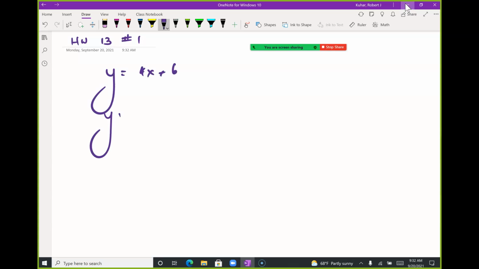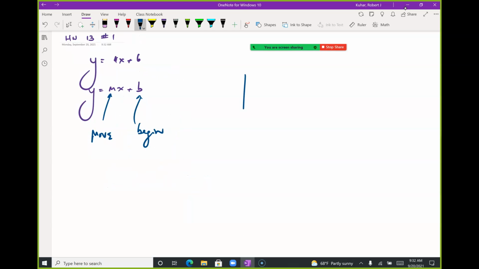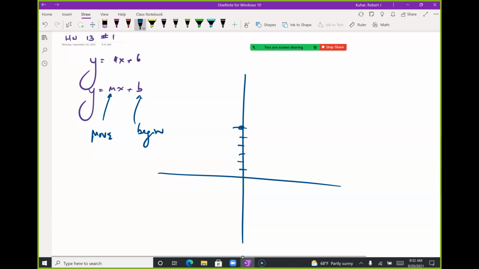And so, like when I'm teaching this to middle schoolers, I say this is where I begin, and this is how I move. So I'm beginning at 0, 6. 1, 2, 3, 4, 5, 6. And I'm going to move up 4 over 1. So up 4 over 1.